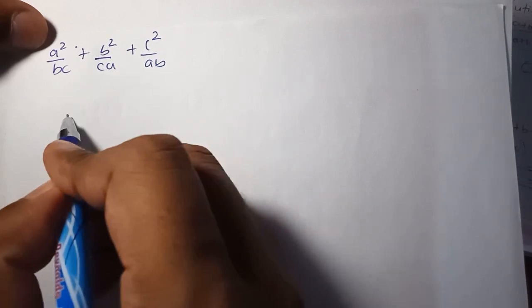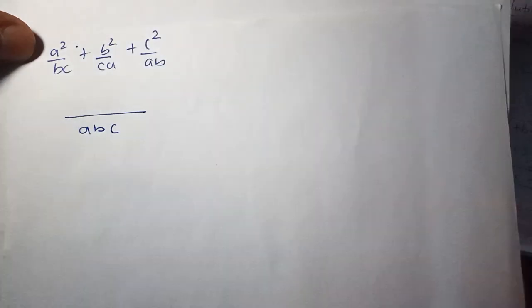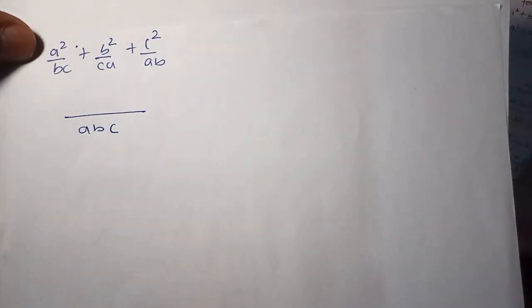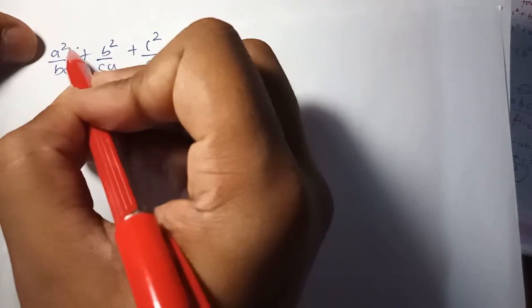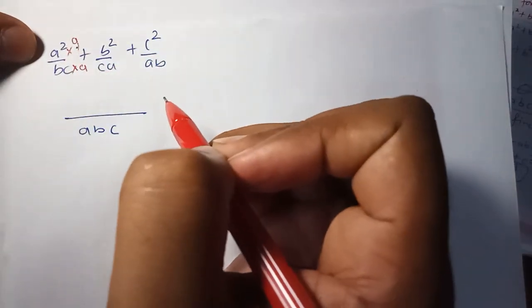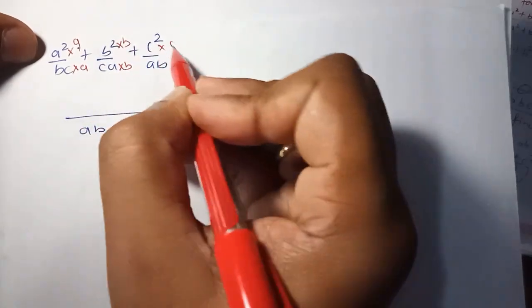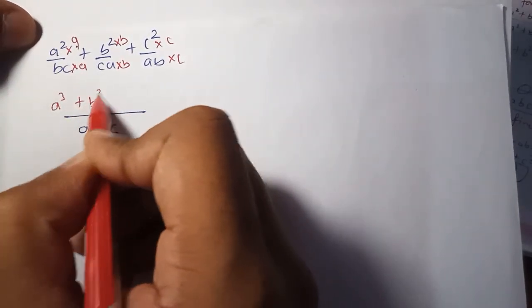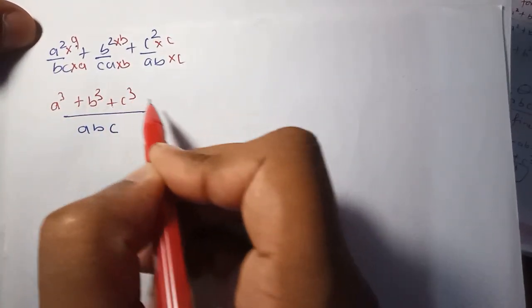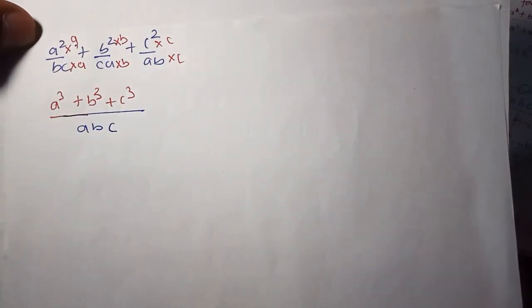What is missing over here? A is missing over here, so I multiply into a. Over here also into a. Over here into b, and into c. Now you can figure out that this becomes a cube plus b cube plus c cube. I have just simplified whatever was given to me.